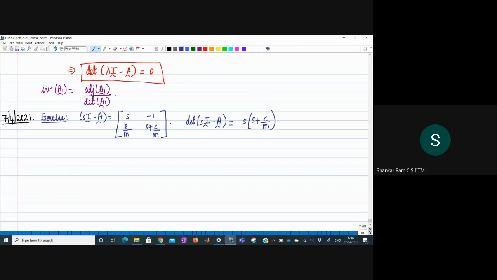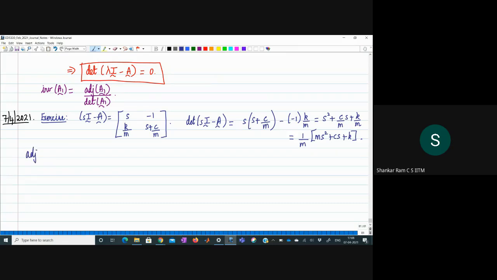Since it's just a 2 by 2 matrix, we multiply the diagonal elements and take the difference of the product of the off diagonal elements, which will be minus 1 times K by M. So we will end up with s square plus C by M s plus K by M, which can be rewritten as 1 by M multiplying (M s square plus C s plus K). That is going to be the determinant.